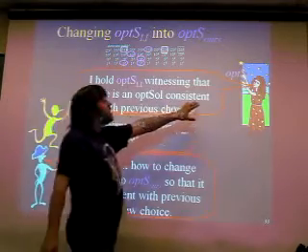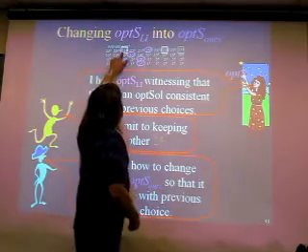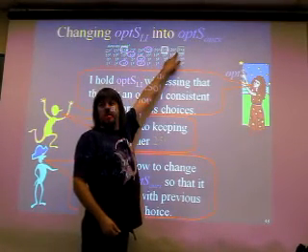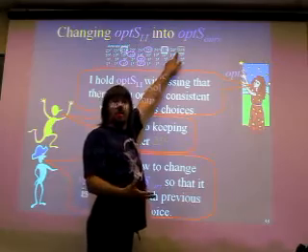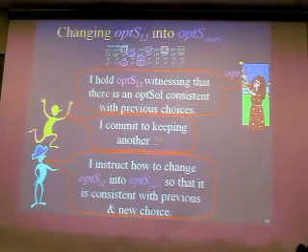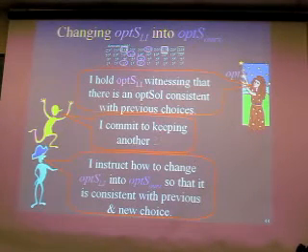I know that the fairy godmother is holding an optimal solution consistent with having this quarter and this quarter. But I don't know anything about this quarter. Right? People with me here? Right, so how am I going to do it? I'm going to give instructions to the fairy godmother as to how she should change her optimal solution.